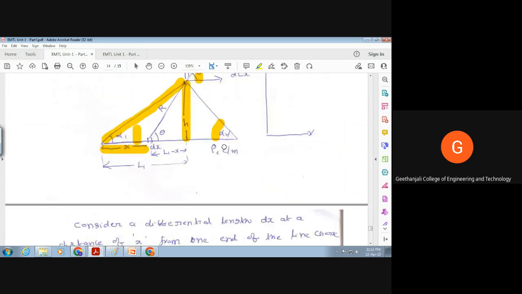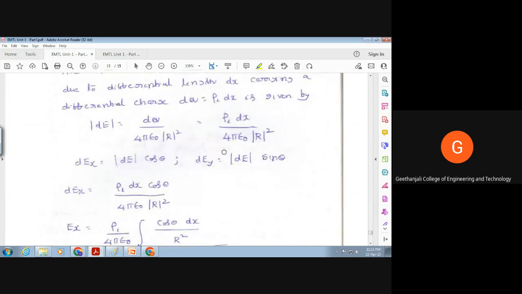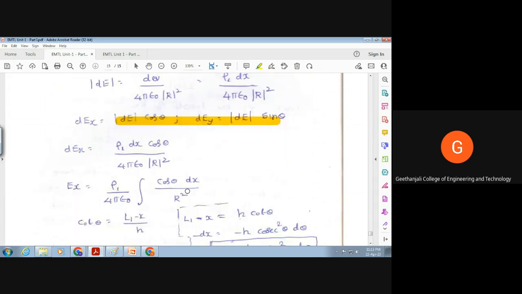What is dEy? dE sin theta. So what is dEx? dEx is rho L into dx by 4 pi epsilon naught r square into cos theta. So this dEx is the differential x component of electric field at point P because of the differential length dx.